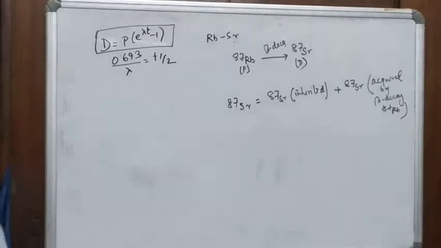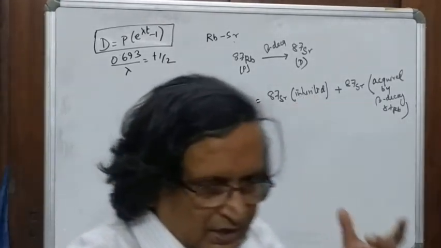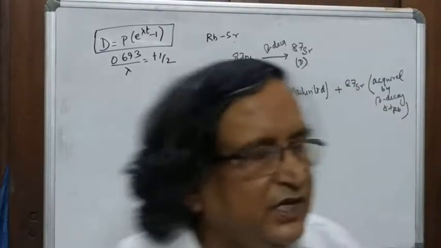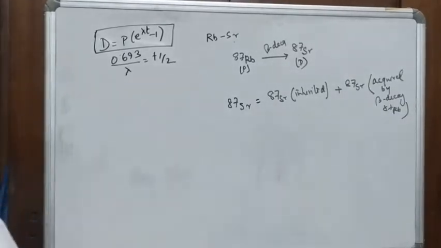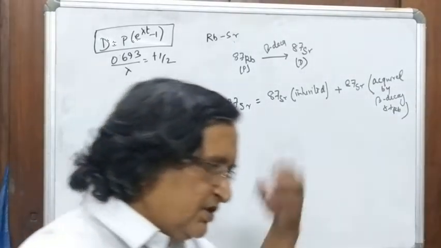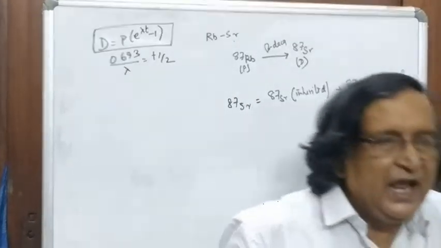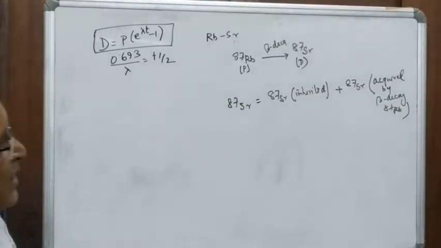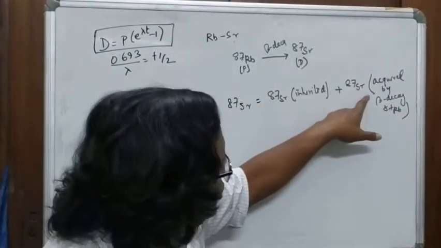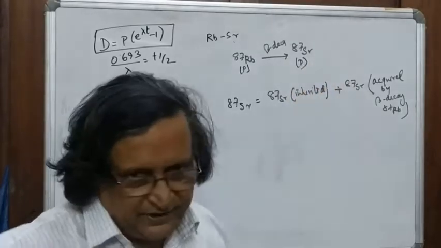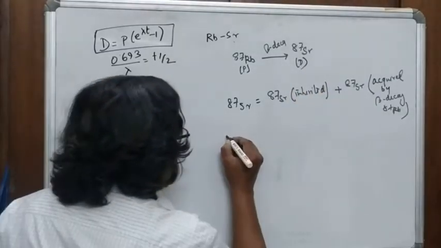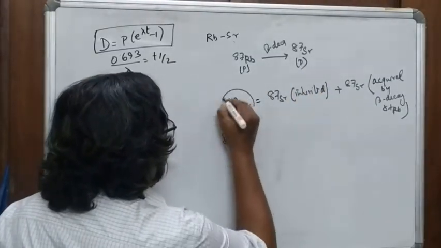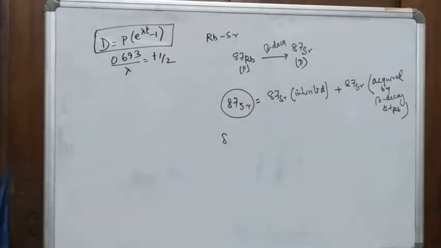So this 87 strontium is called the initial or inherited, from the time of the Earth's accretion. And then you had 87 strontium that formed due to beta decay. So the total is the strontium that you measure now, the strontium that you see in rock.